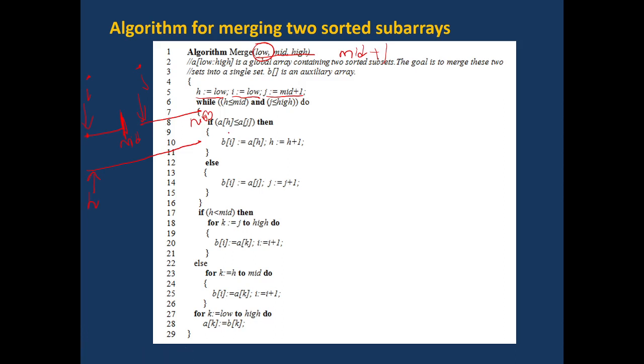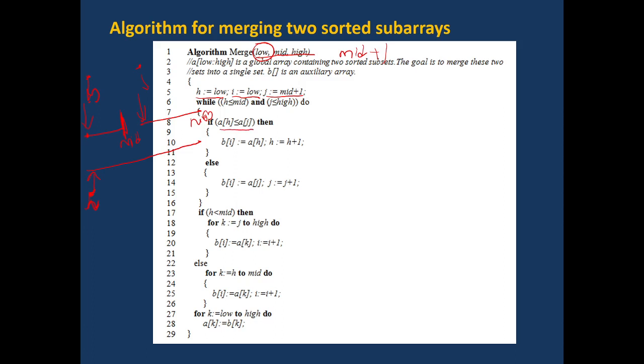Okay. So what I will be doing is, oh, we put I here, sorry, and J here. So we will be checking the I element with the J element. A of I, A of J, who is smaller?